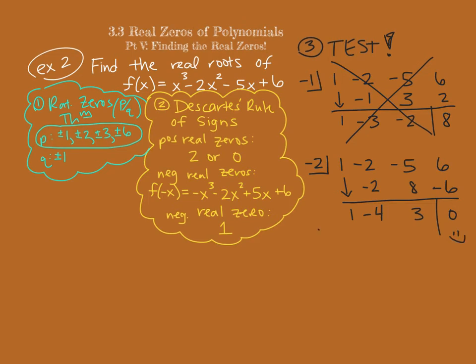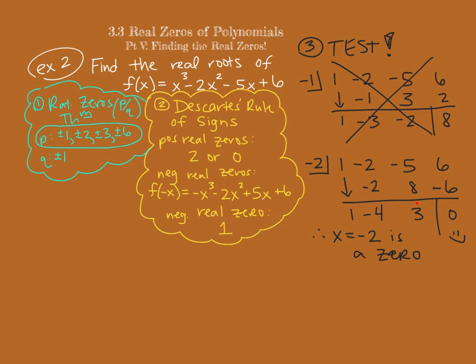That means that x equals -2 is a zero, or a root. This polynomial hits the x-axis at -2. So that accounts for our negative real zero. We know we don't have any more negative real zeros because there's only 1.